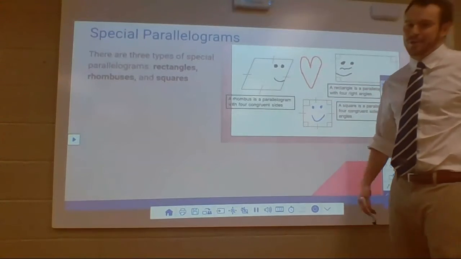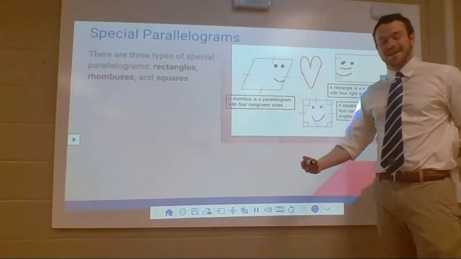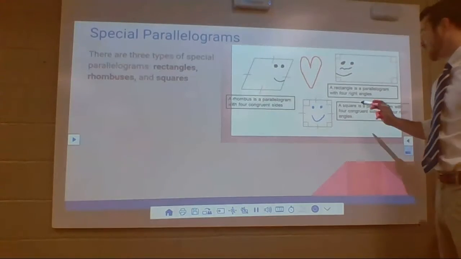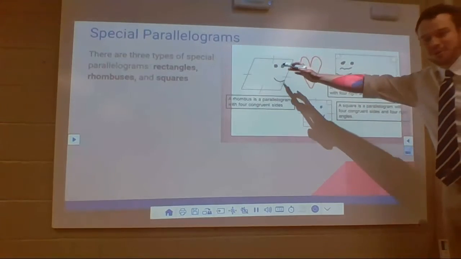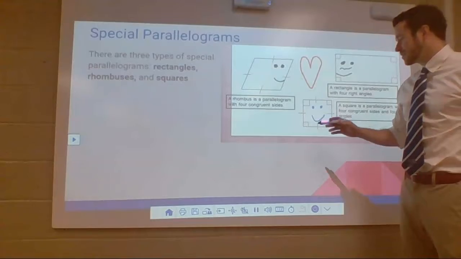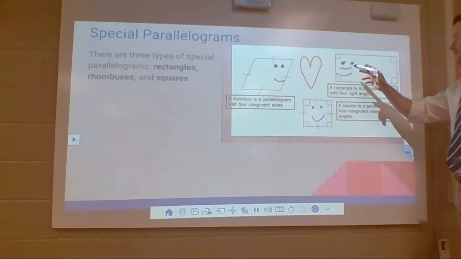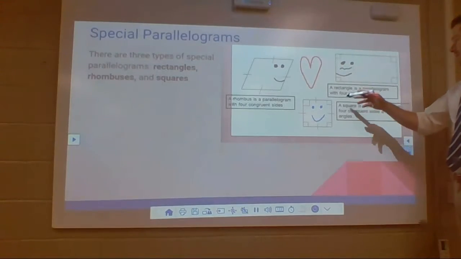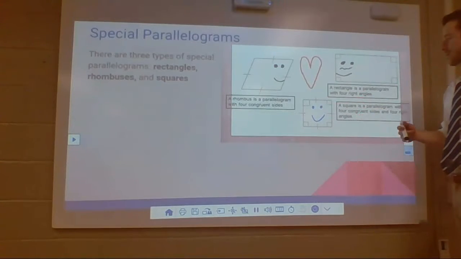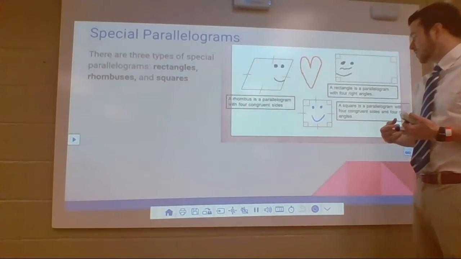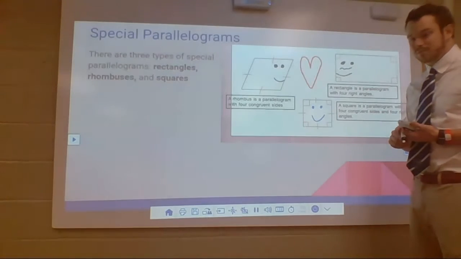So, you know, when a baby is made, it has properties and traits of its parents. So a square has all the properties of a rhombus, so it has four congruent sides, and it has all the properties of a rectangle. It has four right angles too. So if you combine the properties of a rhombus and the properties of the rectangle, you get a square.